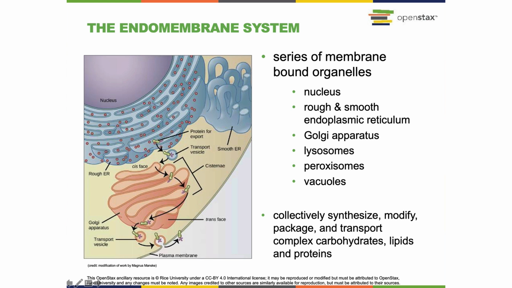And this membrane system, the endomembrane system, has evolved to work together to allow the cell to take information that's stored in the nucleus, use it, rewrite it so it can be understood by proteins in the rough and smooth endoplasmic reticulum to build product that then gets passed on to the Golgi apparatus to be further refined or put together to form more complex structures or possibly be stored for a while, and then use that to either add membrane to the plasma membrane of the cell so it can get bigger, or to produce specialized organelles like lysosomes and peroxisomes, or create temporary storage vesicles that we call vacuoles.